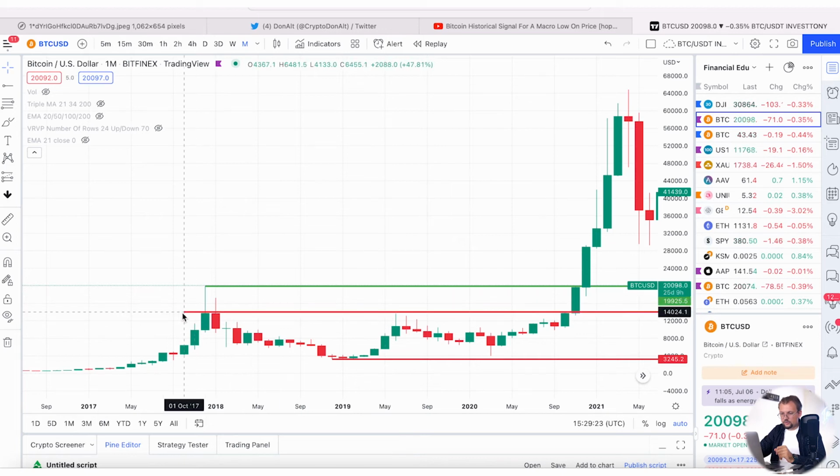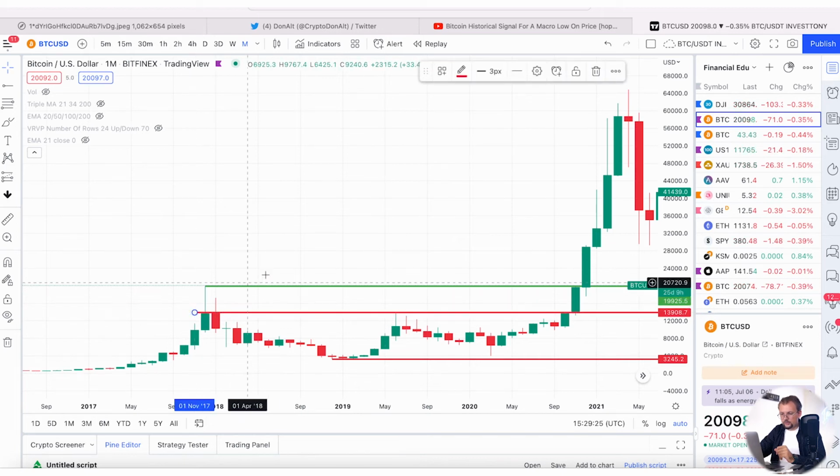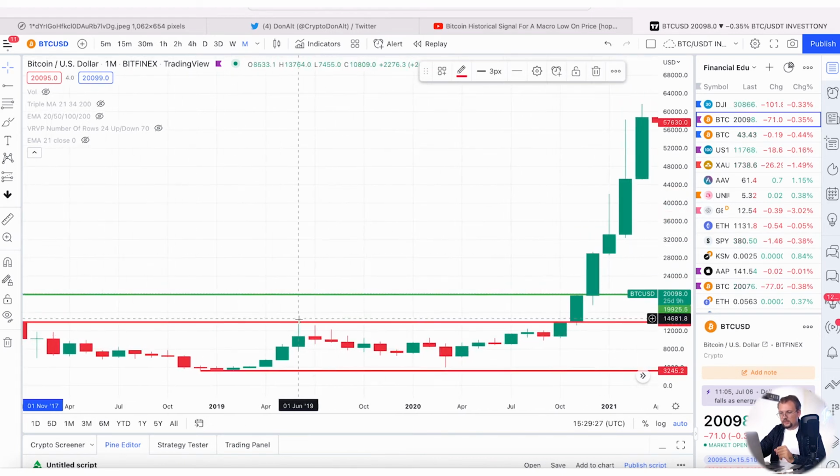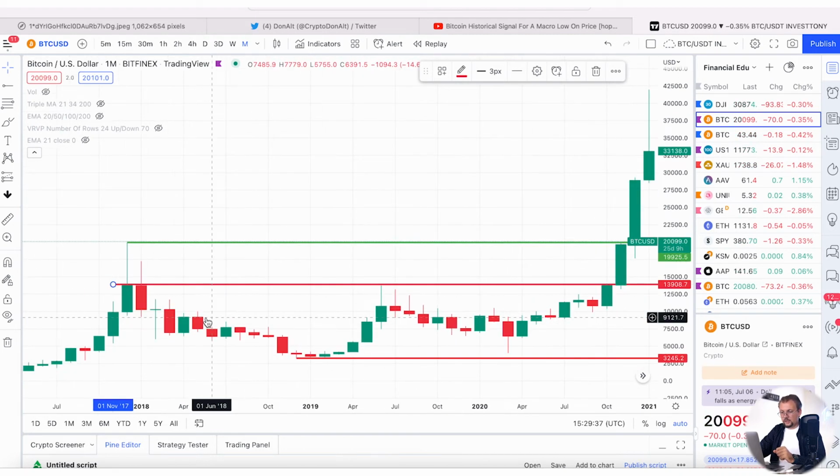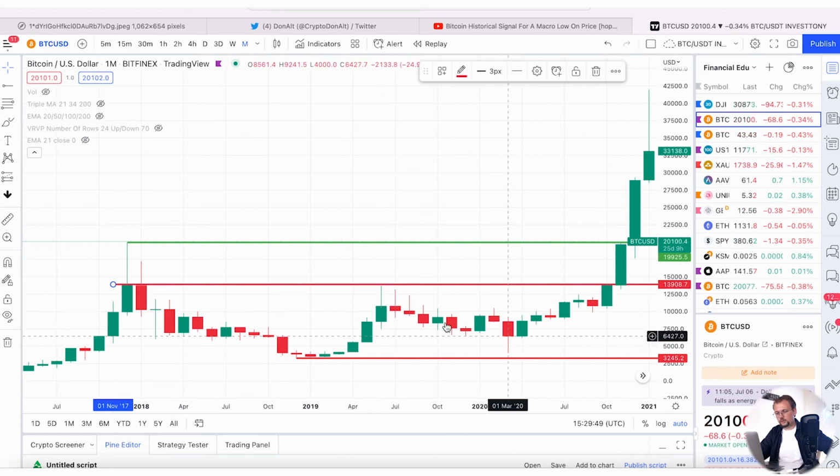And if we just draw it on the opening and the closing, we will see that that's exactly the same level at the top of July 2019, when the price hit this level and got rejected and went below. So here you can see how this price level acted as a resistance. The price tried to breach it from below and it didn't quite work for it, and the price fell down.